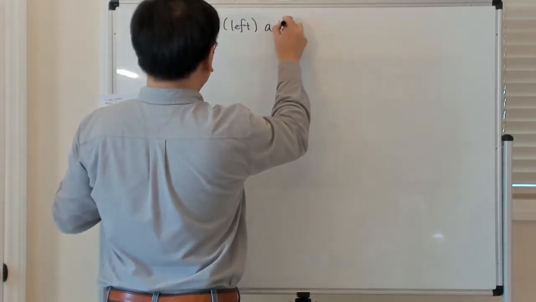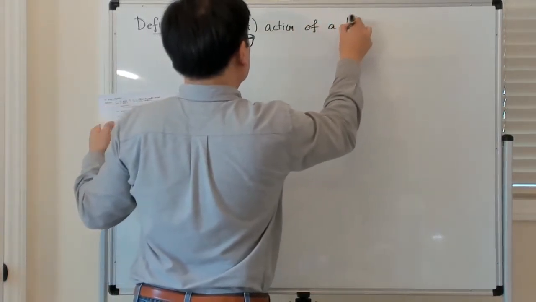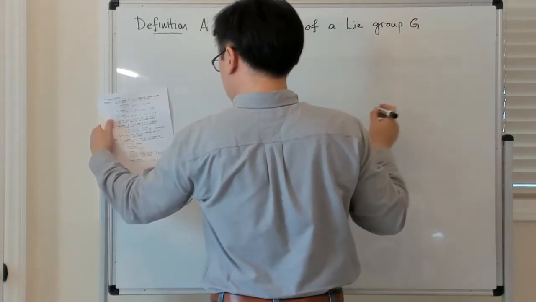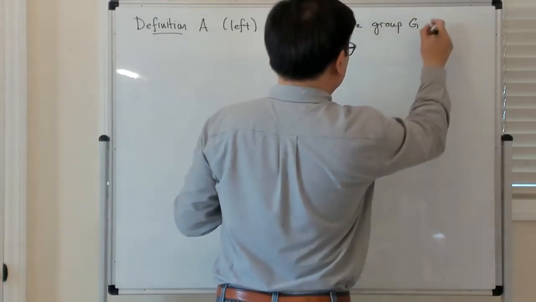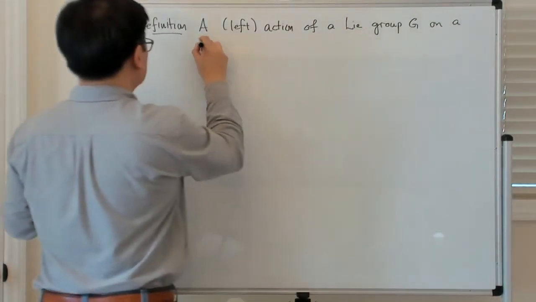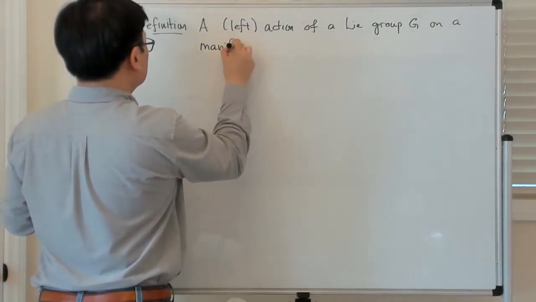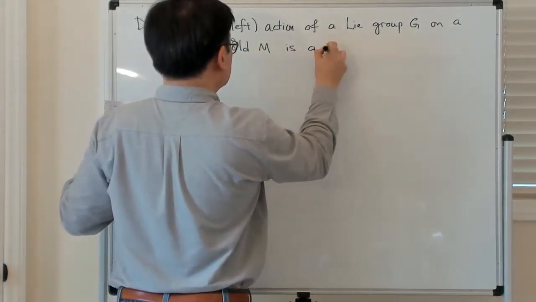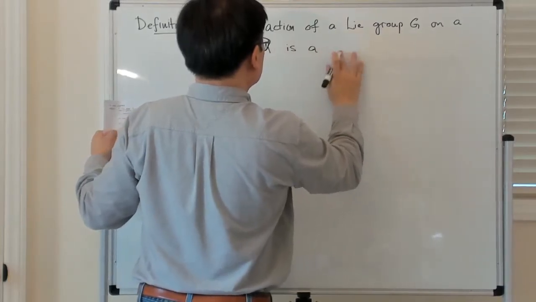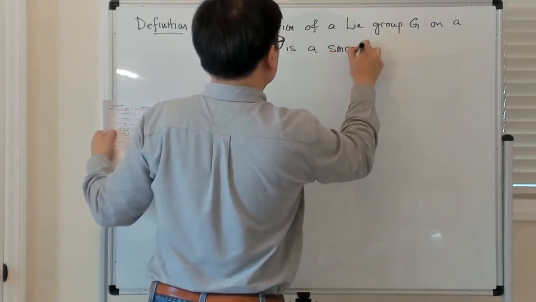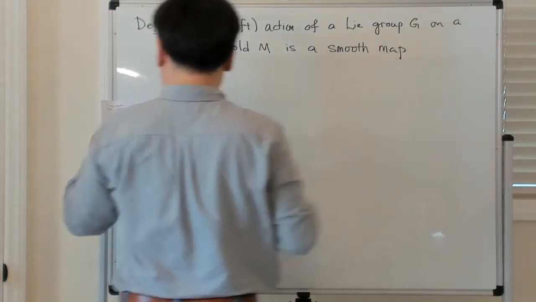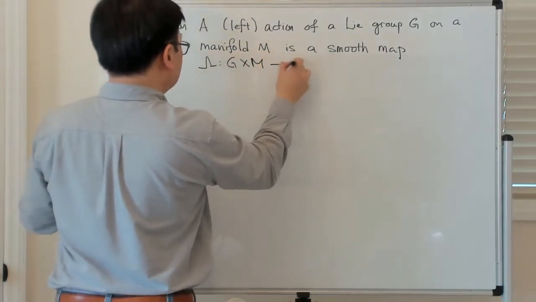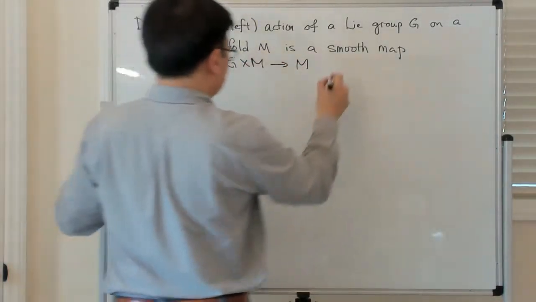So a left action of a Lie group G on a manifold M is a smooth map, let's call that lambda. It's a map from G cross the manifold to the manifold, which satisfies the following property.